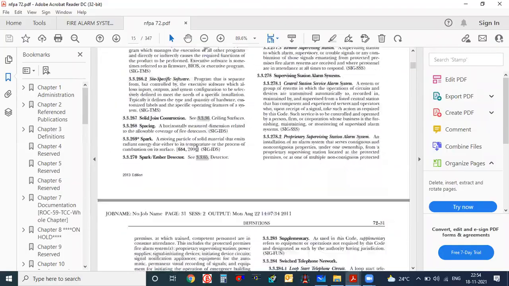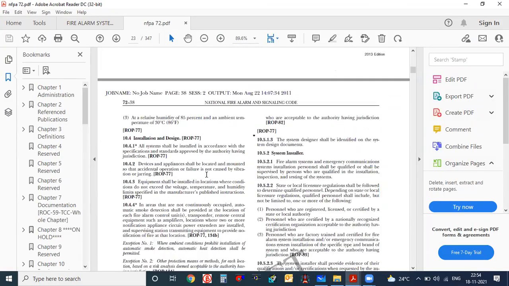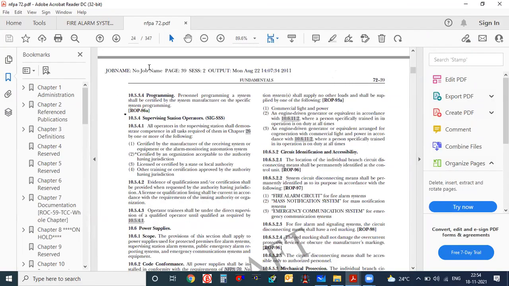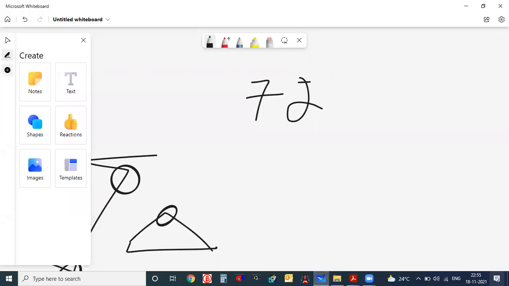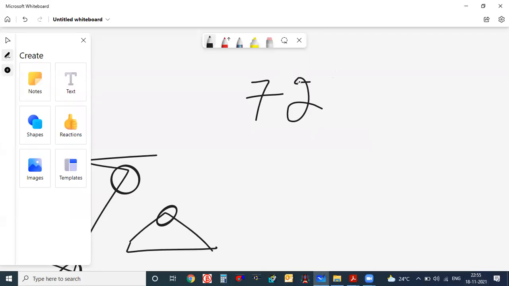I think we will see this in our next class, because we have to check this document also. We will see it tomorrow, or if possible the day after tomorrow. Anyhow, we will see this also, because NFPA 72 is a little bit important.